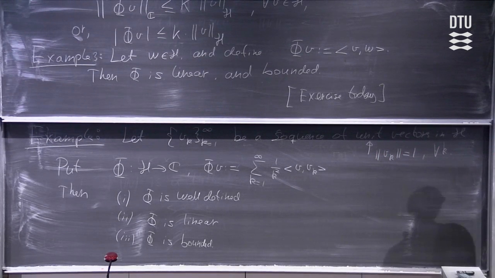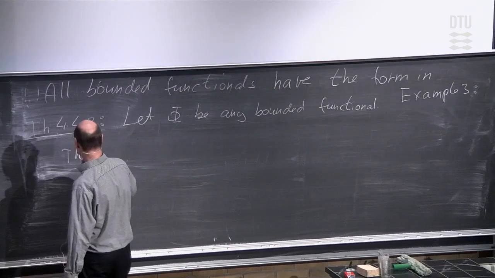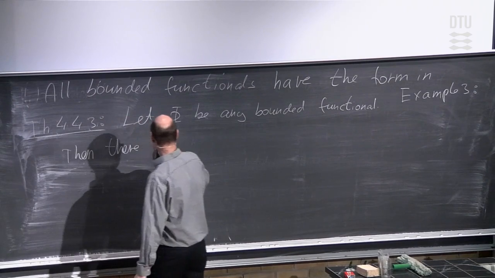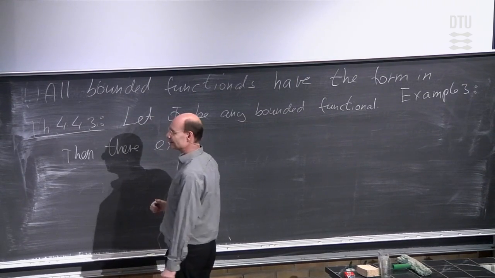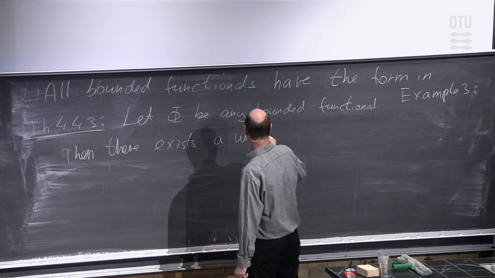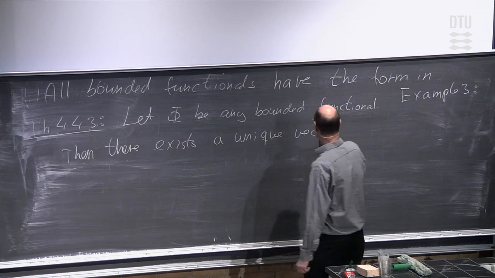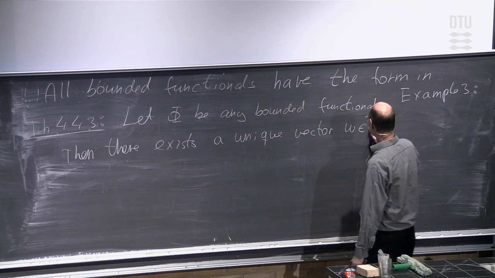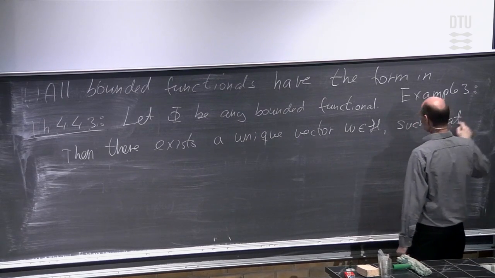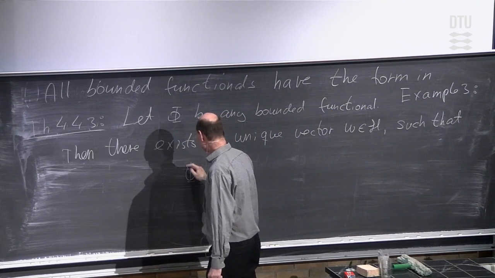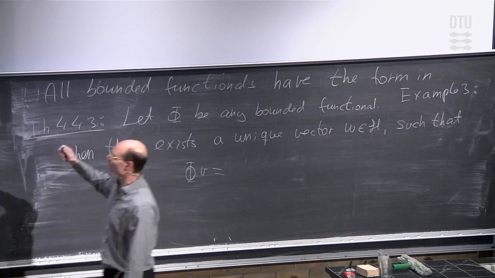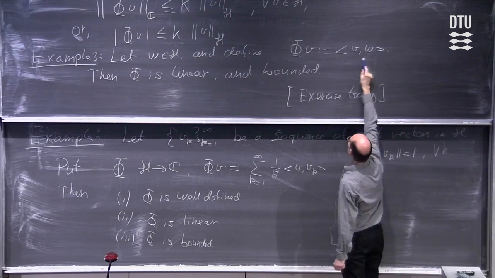Then what the statement tells us is that there exists a vector, and actually a unique vector, W in H, such that phi of V has exactly the form that we saw up here in the first example.